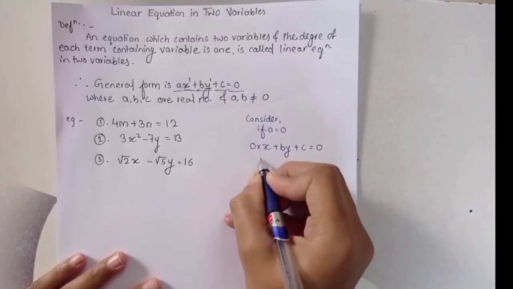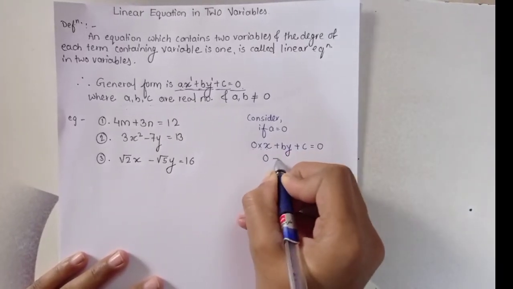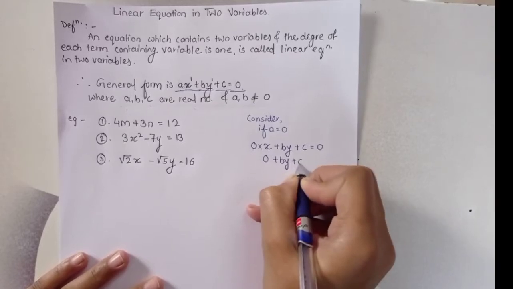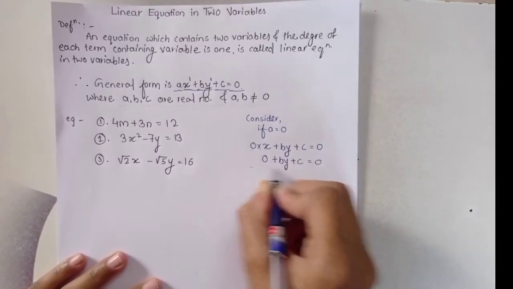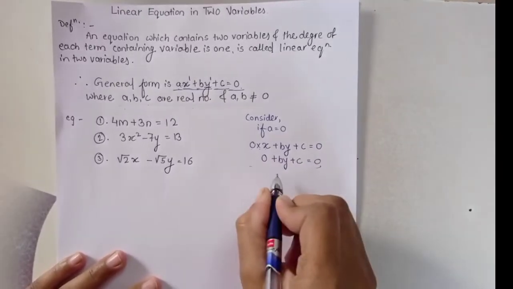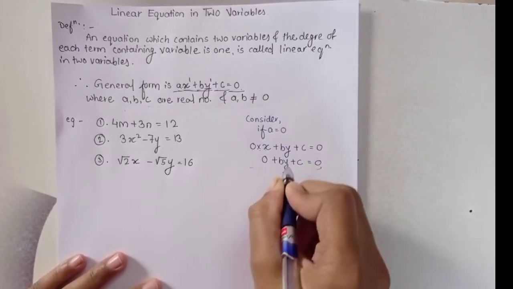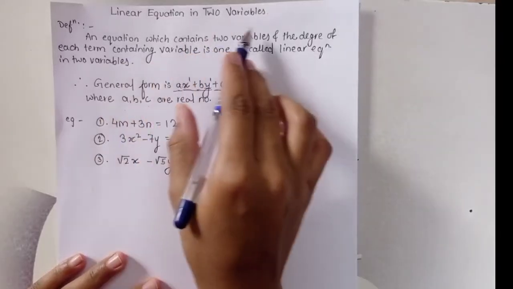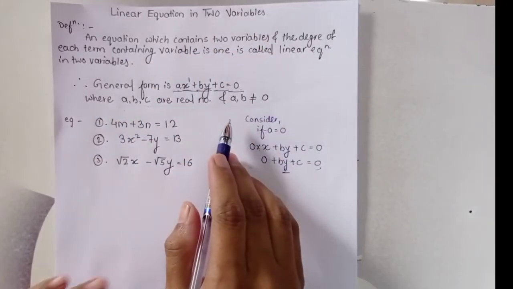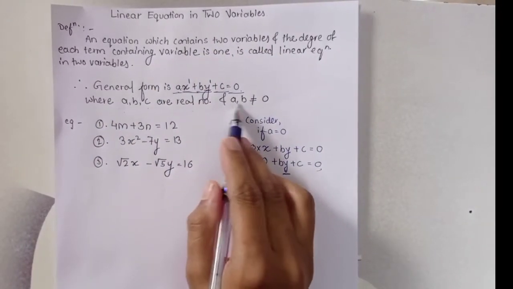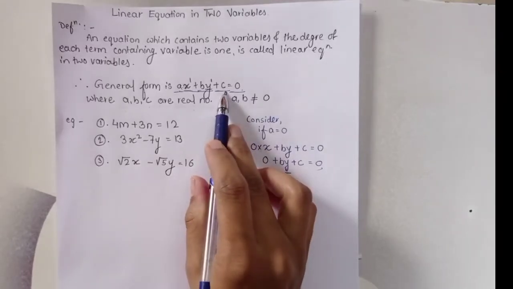And 0 into x, we know the value is always 0, so plus by plus c will be equal to 0. And in this equation, there will be only one variable. Therefore, this equation is not said to be a linear equation in two variables. Therefore, this condition is applied to this general form.